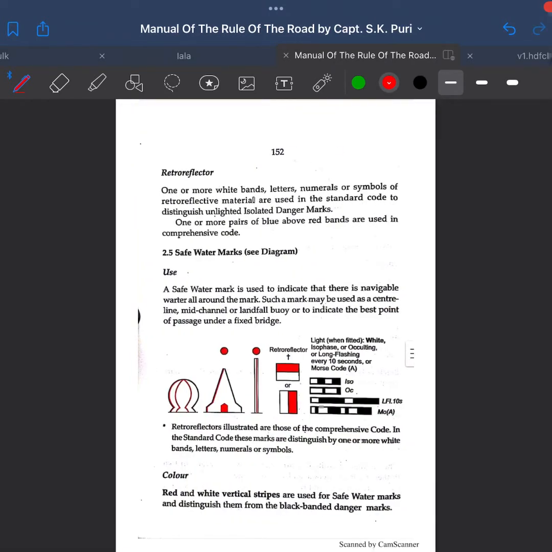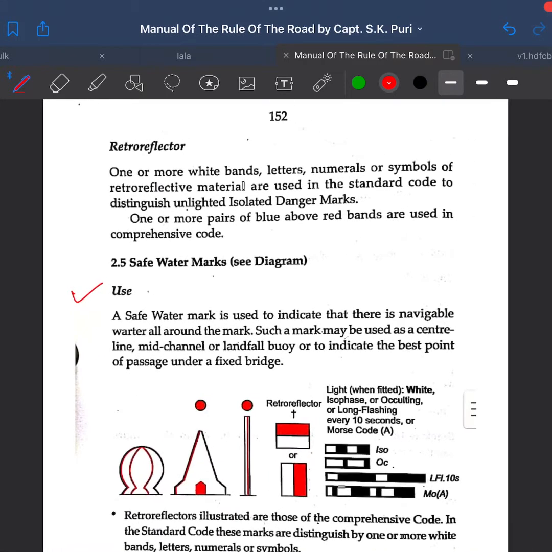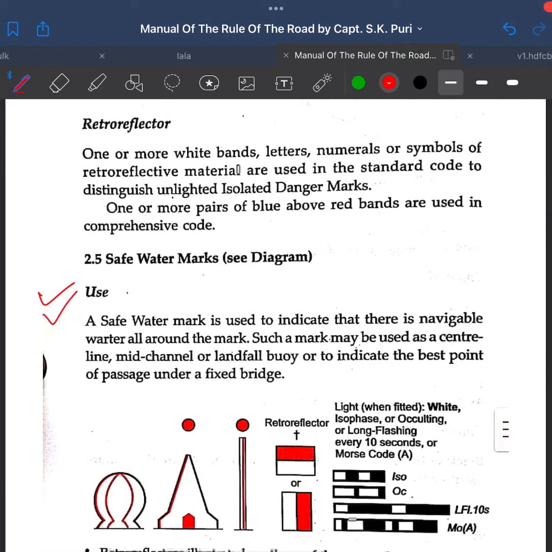Now move to the safe water mark. The safe water mark is used to indicate that there is navigable water all around the mark. Such a mark may be used as a centre line, mid-channel or landfall buoy, to indicate the best point of passage under a fixed bridge.